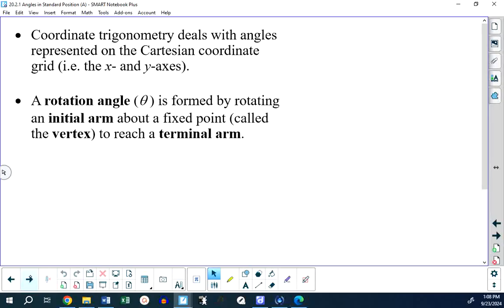Specifically, everybody, what a rotation angle is, it's something formed by taking an arm, I'll just use my arm, right? and rotating it, which means if you're going to rotate an arm, you have to keep one end fixed, and that's my elbow. So a rotation angle is formed by taking an arm, this arm, which is called the initial arm, and rotating it about a fixed point, which is my elbow.